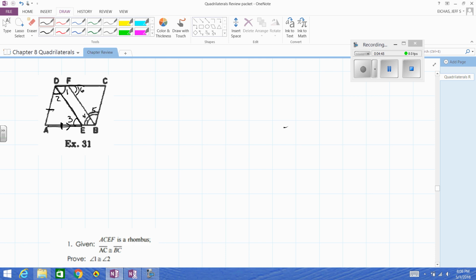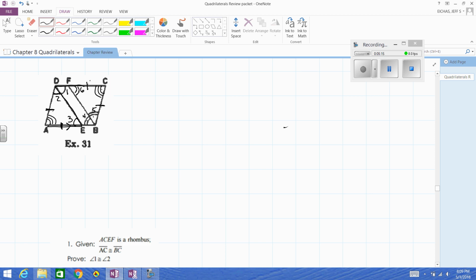So these two sides are going to be the same because it's isosceles. Now, this side is the same as this side because opposite sides of a parallelogram are congruent. This is isosceles, so these are the same. And finally, those are congruent because opposite angles in a parallelogram are congruent.